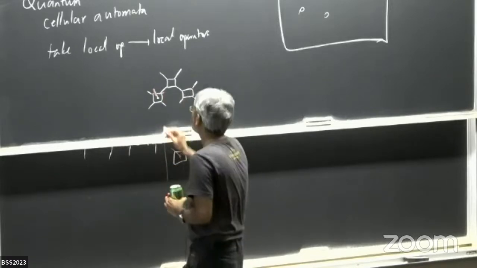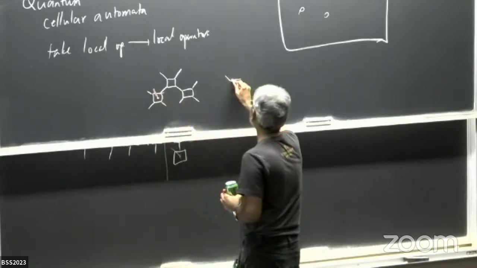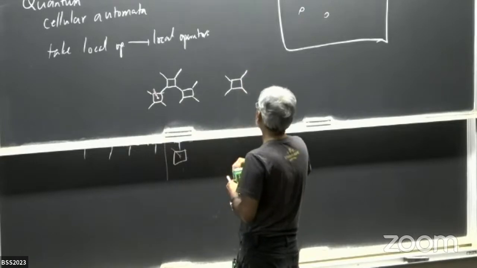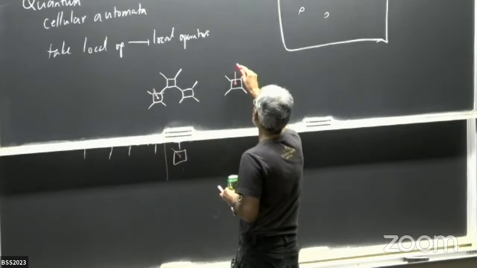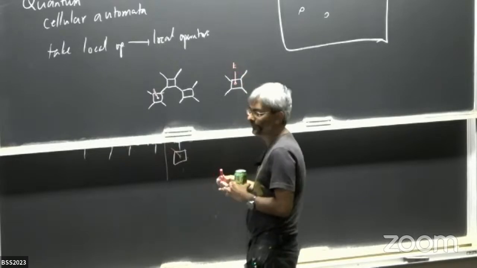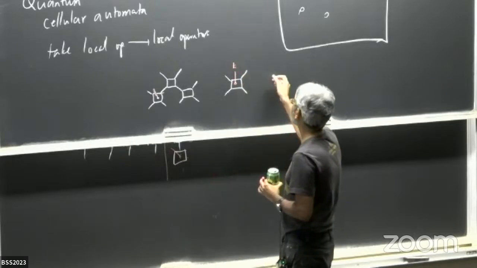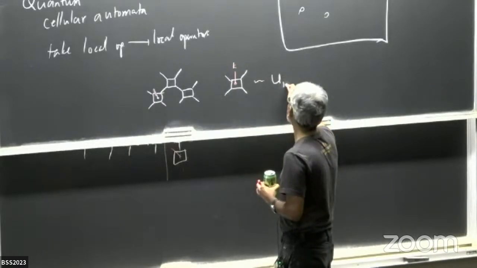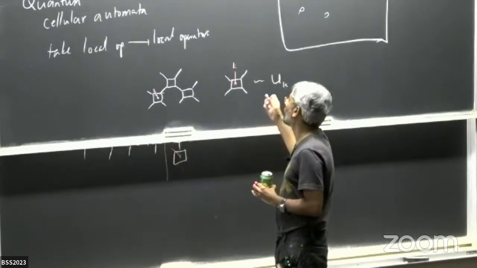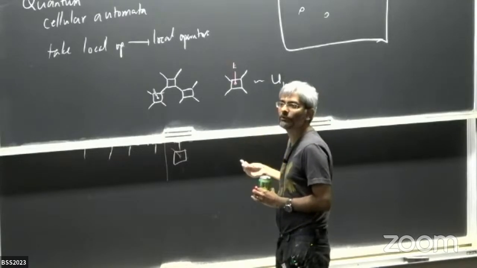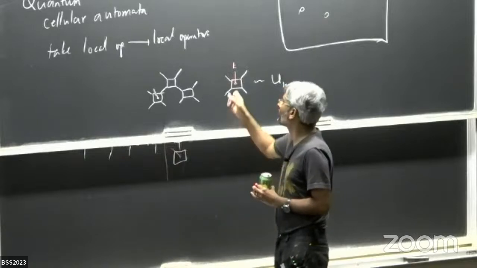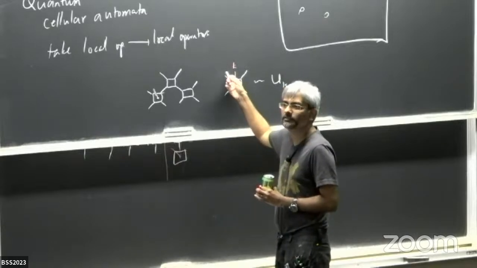So each of these tensors has a pink leg coming out, and the pink leg I'm going to call K, and this tensor has the form U_K, where U_K is a unitary, and which unitary it is depends on what the measurement outcome was.